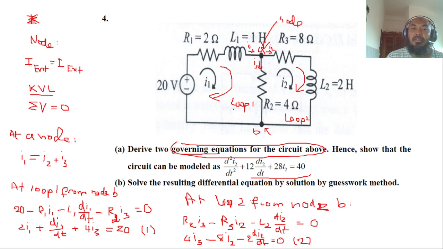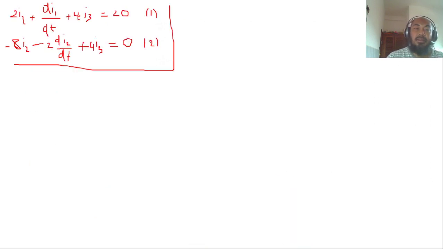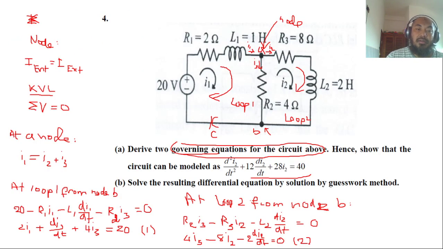Unless we have a capacitor, for example like this, we have a chance to have the second ODE. But here we have only one, so we have only the first ODE.